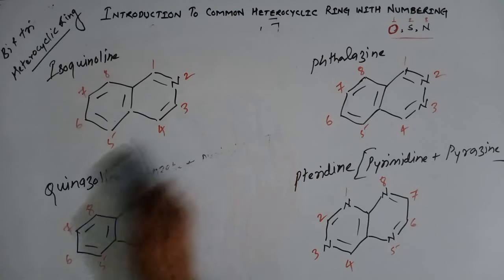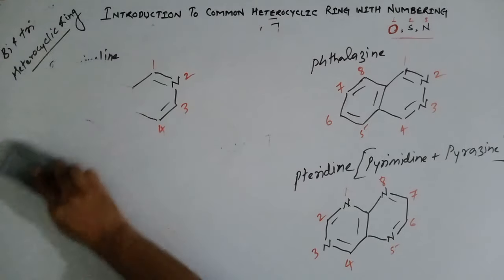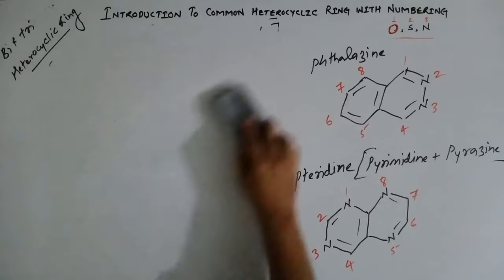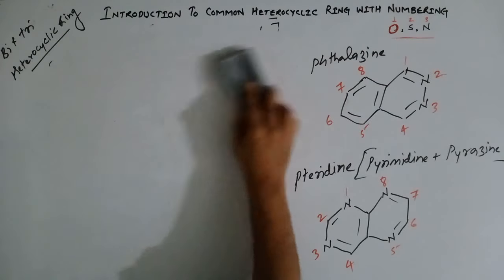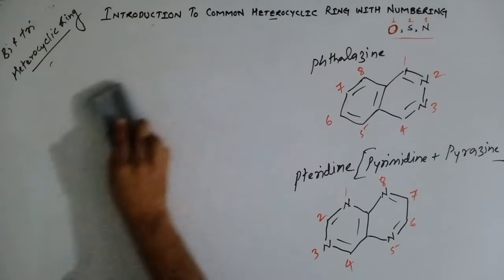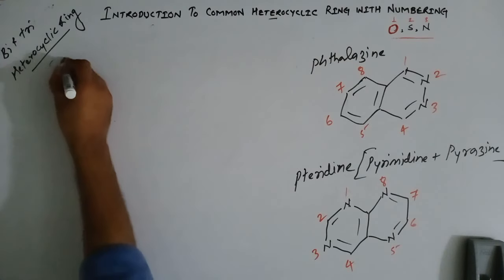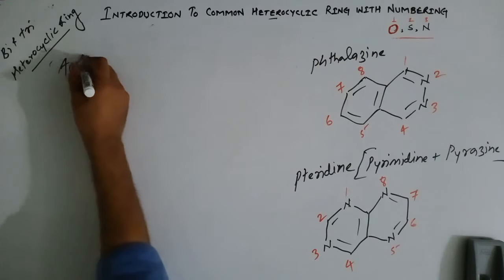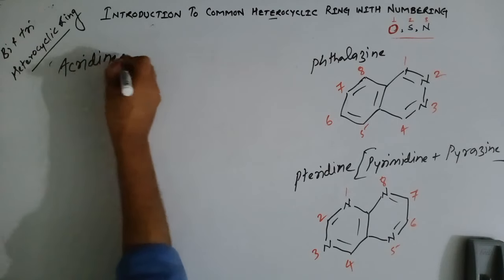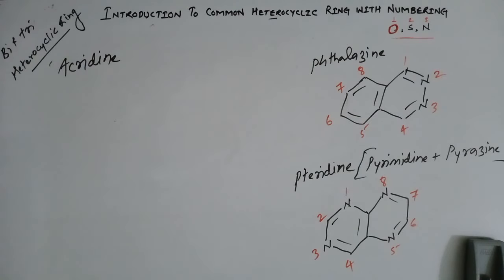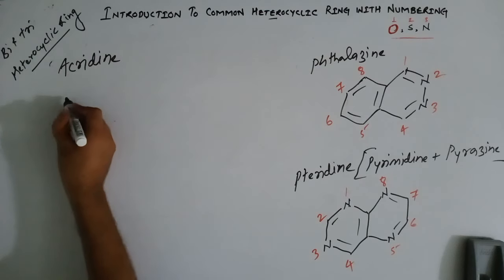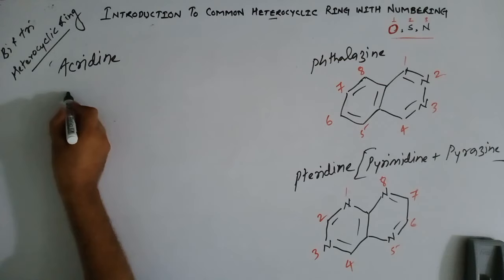Next structure is acridine. Acridine is a tricyclic nucleus. This one.